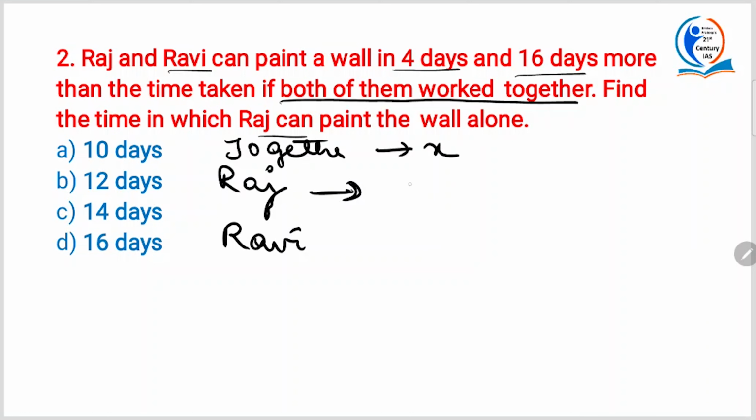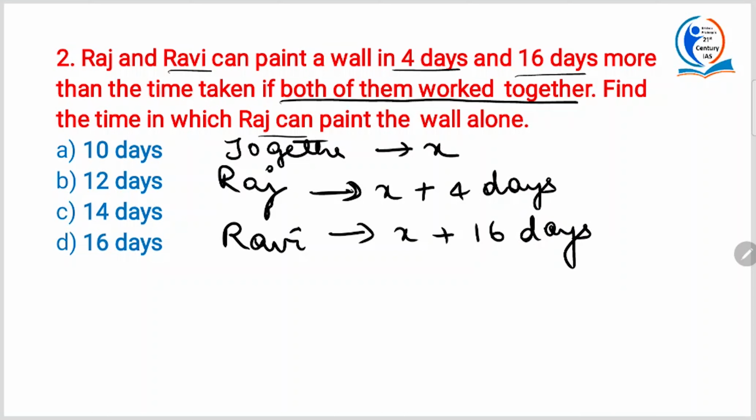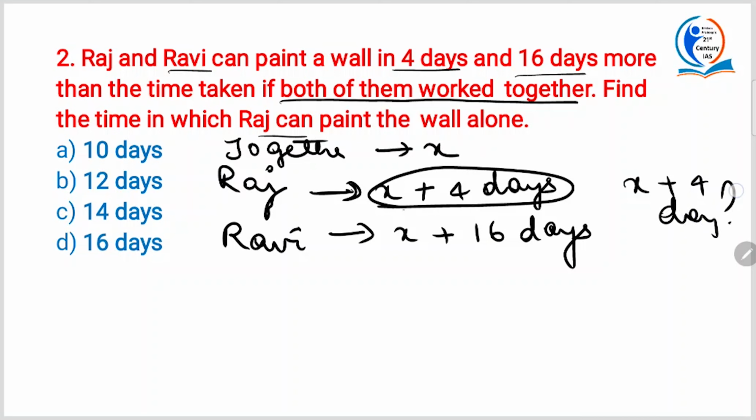It says that Raj will finish the entire work alone in X plus 4 days, and Ravi can finish it in X plus 16 days. Now what are they asking you? Find the time in which Raj can paint the wall alone. That means you need to find X plus 4 days.